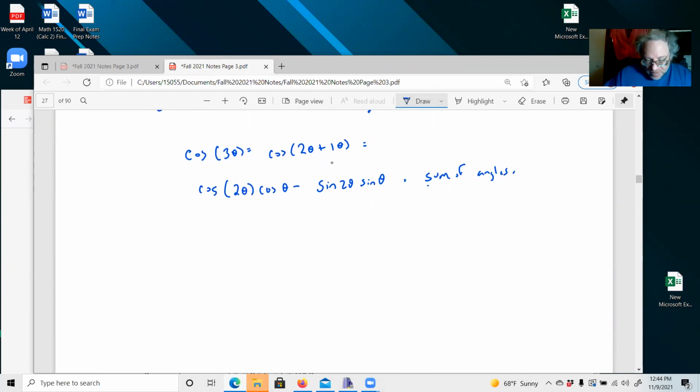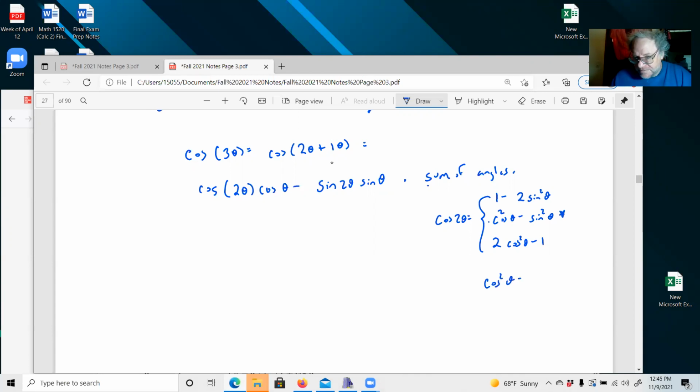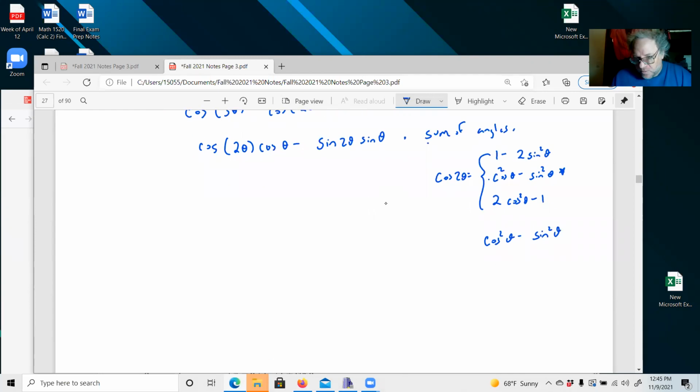For cosine 2 theta, there are 3 options. There is cosine squared theta minus sine squared theta, there's 2 cosine squared theta minus 1, and there's 1 minus 2 sine squared theta. If you only remember 1, that's the one I would pick. And if you want to get rid of your cosine, you could say this is 1, because you know that sine squared plus cosine squared equals 1.